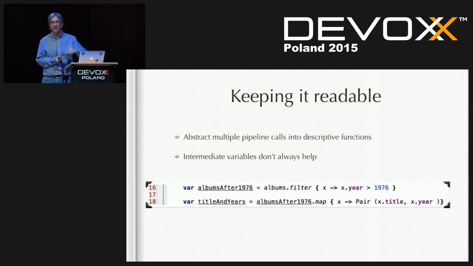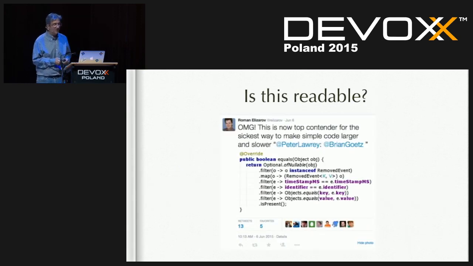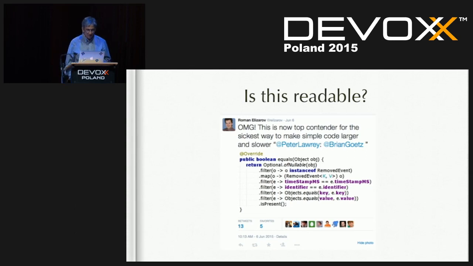If we start to write code where we have tens of lines of functions, combined one after another, that doesn't necessarily mean we're achieving all of the goals that we set out to initially. I found this the other day on Twitter, right? This is by Roman Elizarov, and he says, oh my God, this is now top contender for the sickest way to make simple code larger and slower.